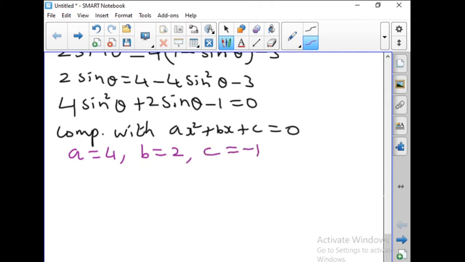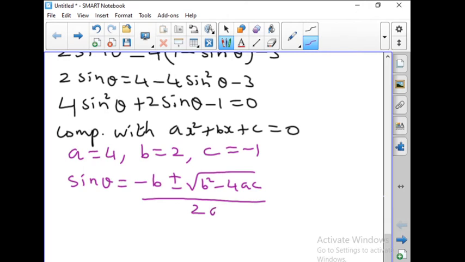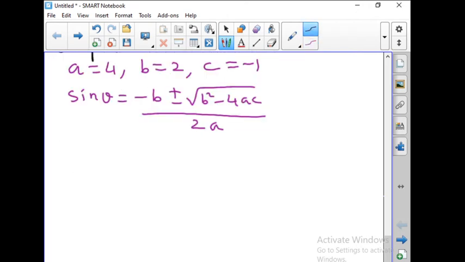So what is the formula? Sin theta is equal to minus B plus or minus root of B square minus 4AC by 2A. So this is the formula we are going to use, the same as we did in the previous one. So what is sin theta?